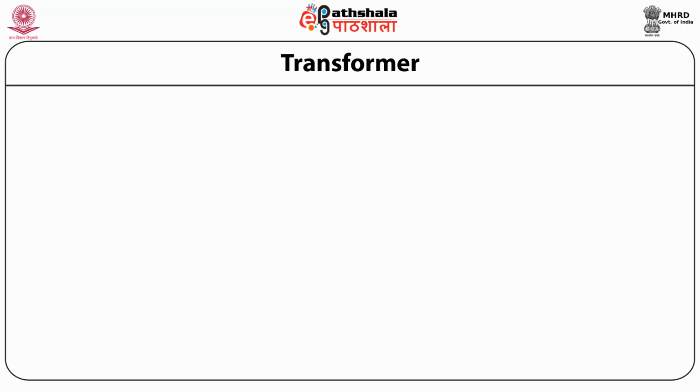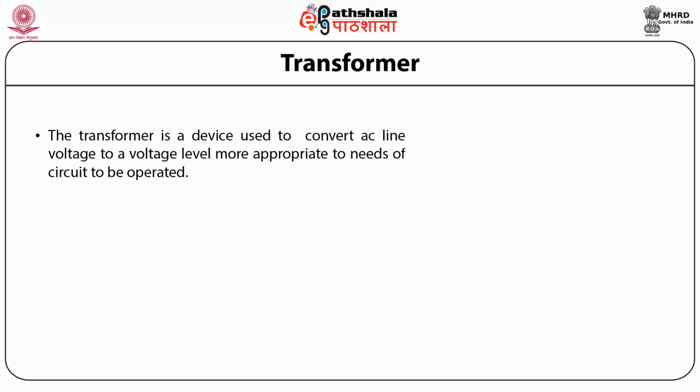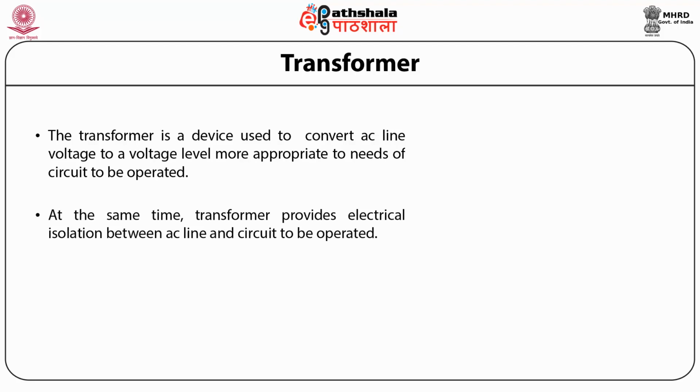First, let us discuss the transformer. The transformer is a device which is used to convert the AC line voltage to a voltage level more appropriate to the needs of the circuit to be operated. At the same time, the transformer provides electrical isolation between the AC line and the circuit to be operated.